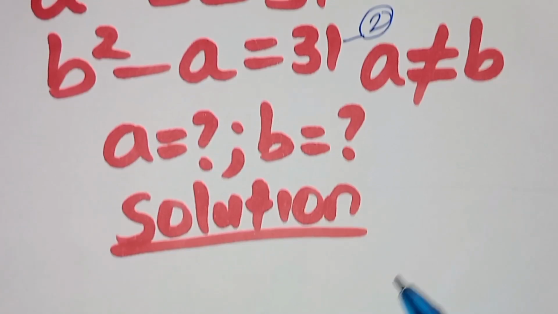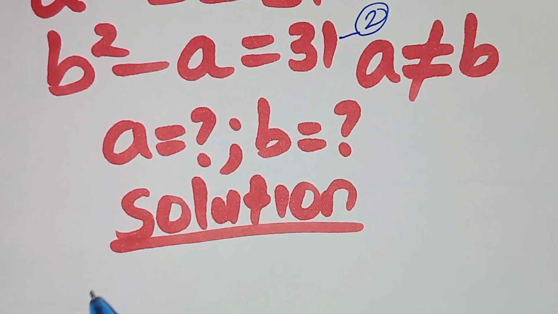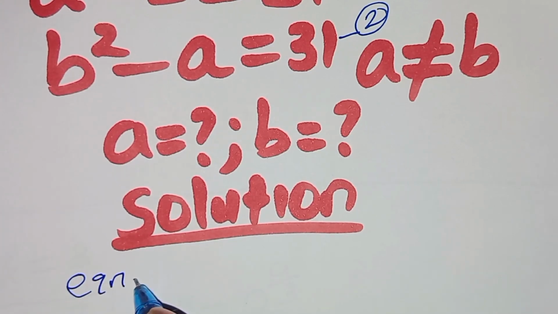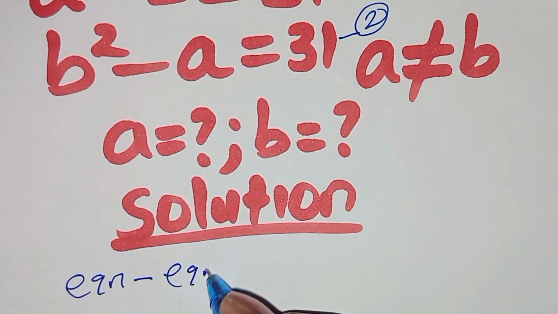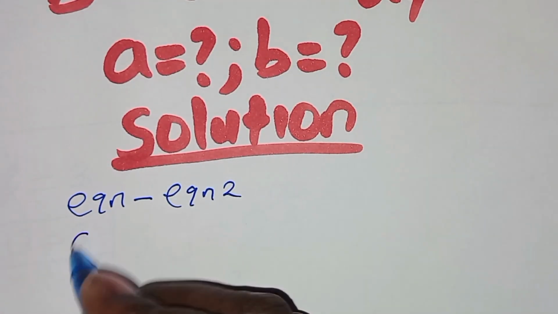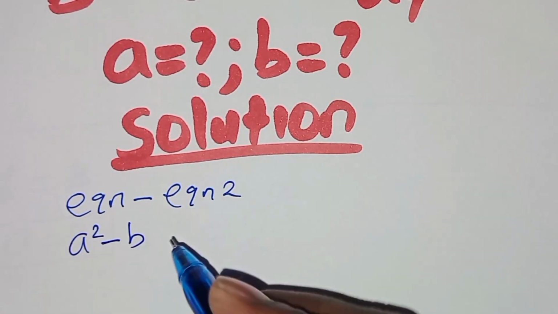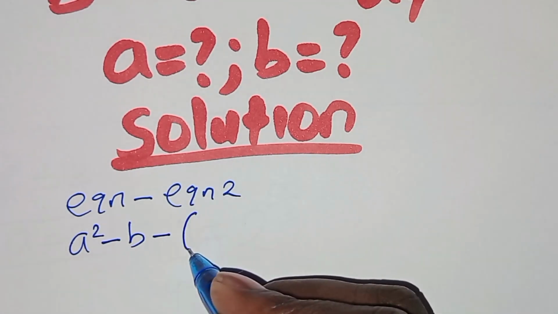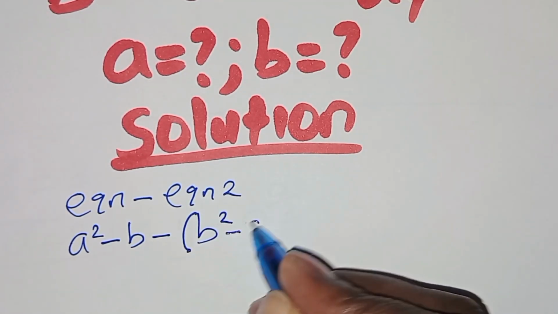Now, solution from here. Let's subtract equation 1 and equation 2. So we'll have a squared minus b, subtract equation 2, which is b squared minus a.